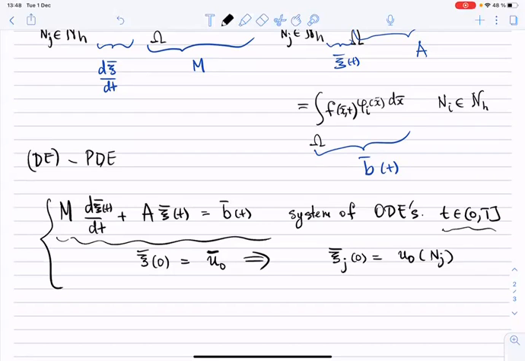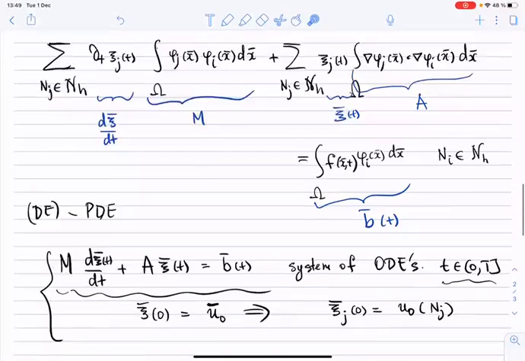All right, so we got the system of ODEs, and now we can use any favorite time stepping scheme, if you like: forward Euler, backward Euler, Crank-Nicolson, for example, or Runge-Kutta schemes. Now it's a system of ODEs, so the number of equations is equal to the number of interior points in the mesh.